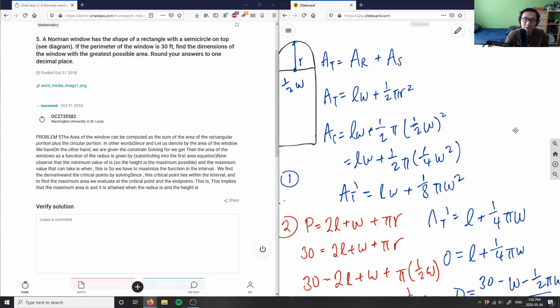I multiply half by a quarter, and this would give me 1/8 pi w squared here. So I might have to actually come back and do this problem, just because we've run out of time here.